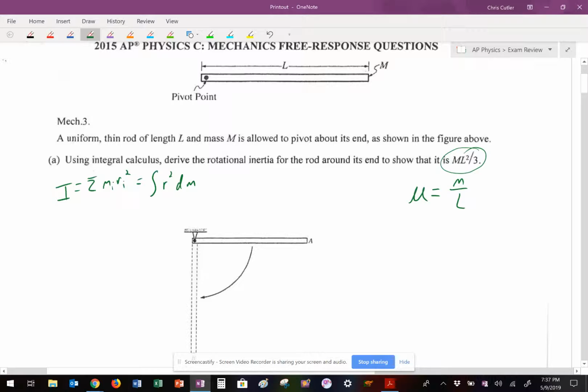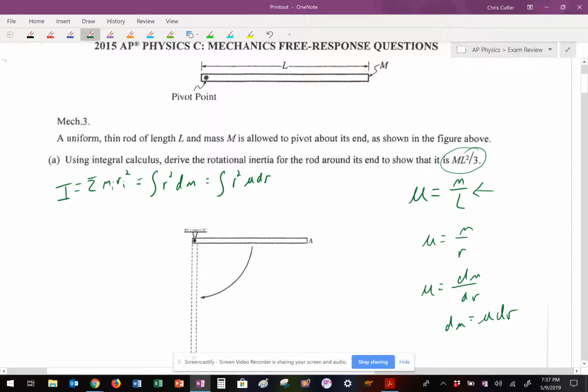Well, in our case here, we're going to use mu equals M over L. And since we are taking the derivative, we infinitesimalize everything. dm over dr equals mu. So dm equals mu dr. We're going to have to remember that this is mu in just a little bit. So if we rewrite this dm, it becomes the integral of r squared times mu dr.